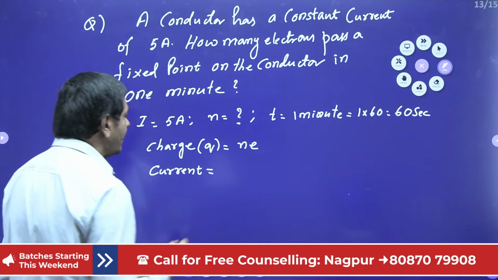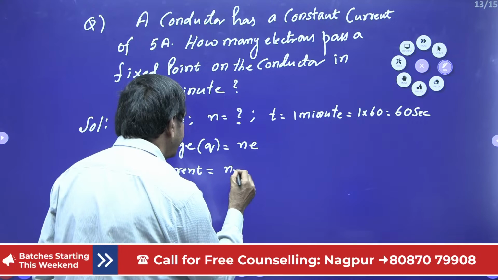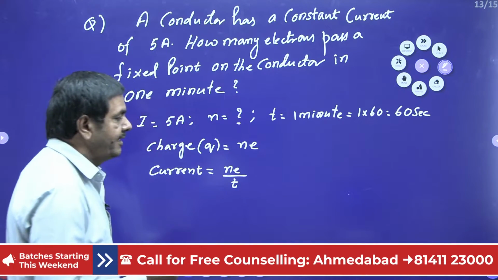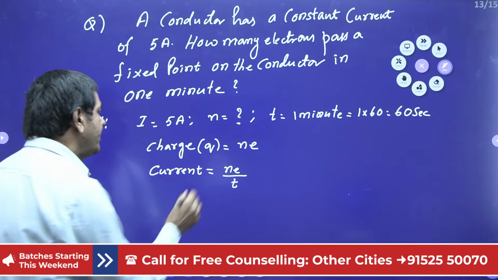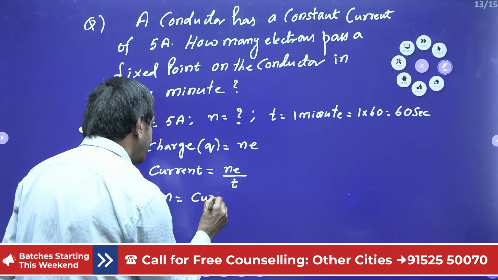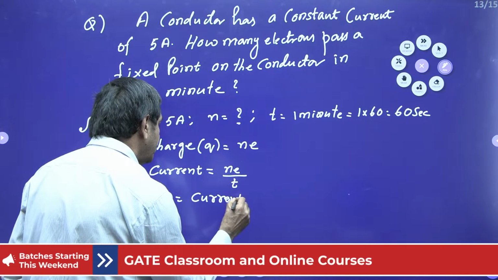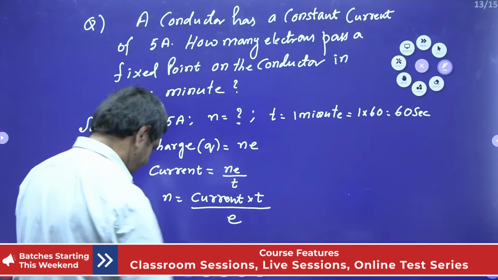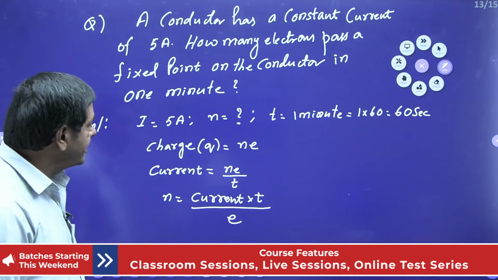Current equal to charge by time t, that is NE by t. I am in need of N. N equal to current into time by E value. By using this, you can measure easily.